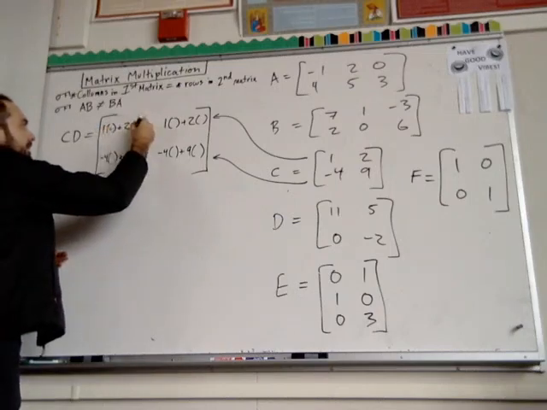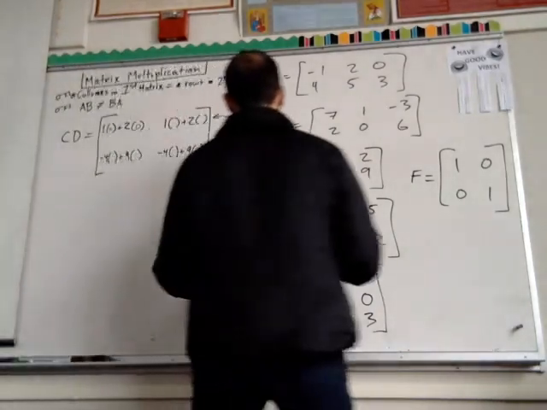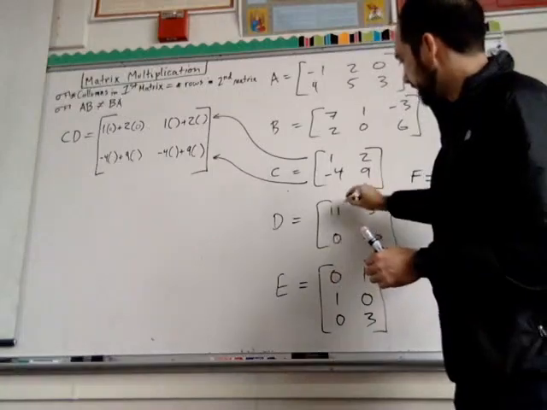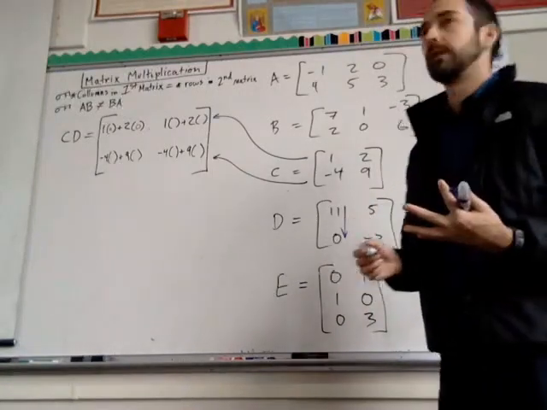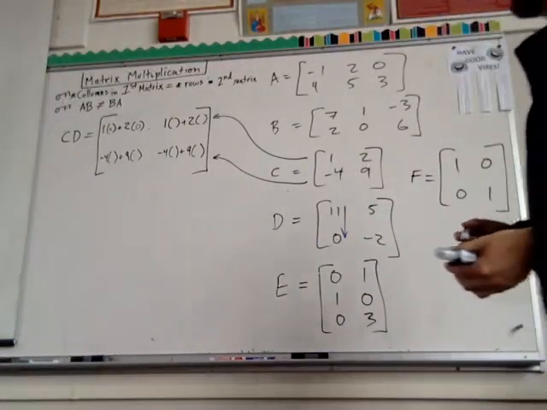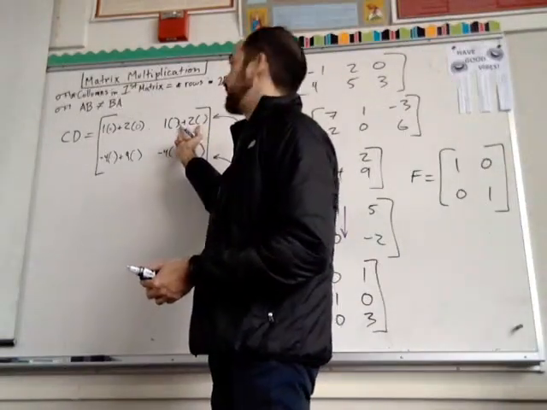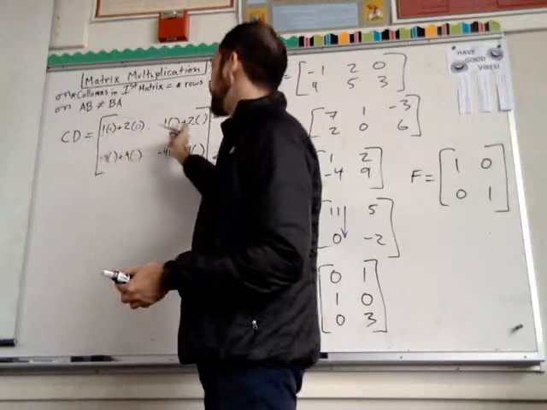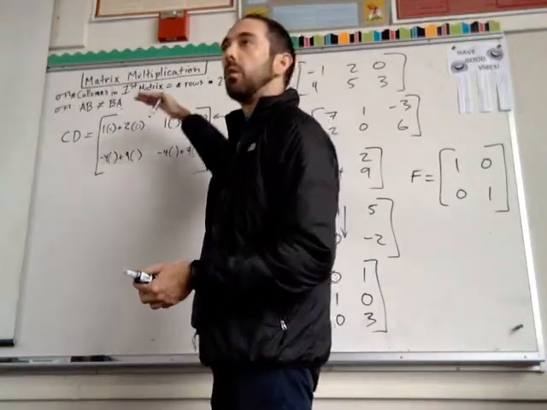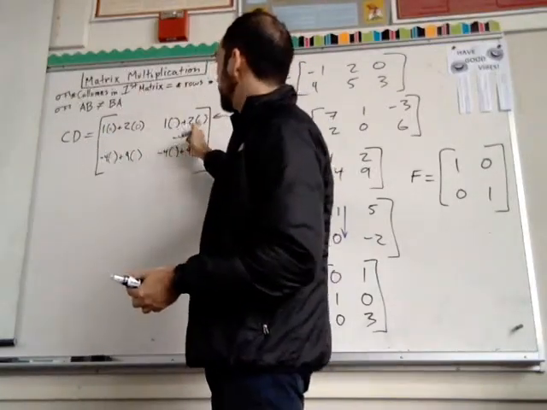I'm entering the values from column 1 of my D matrix here. Next, what's going to go for my second entry? This would be CD1, 2. Row 1, column 2. What goes here?